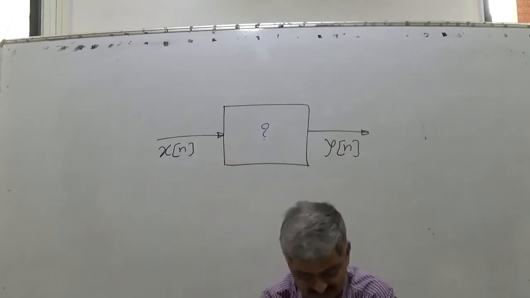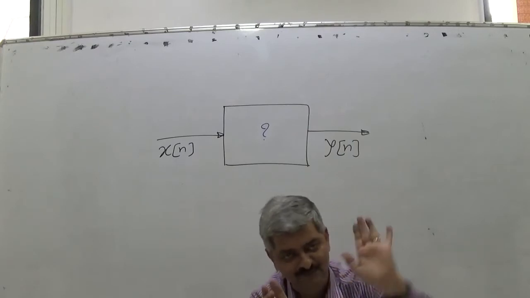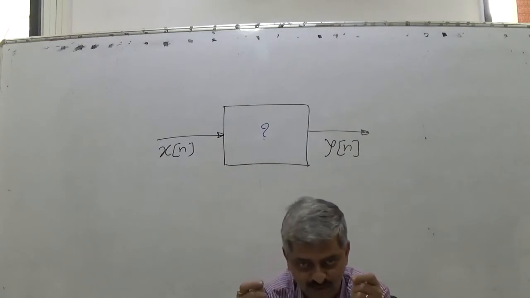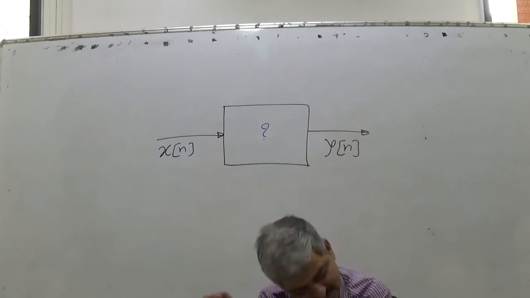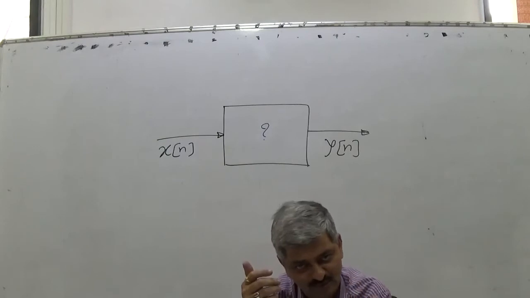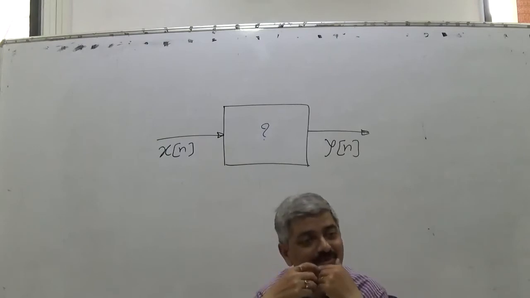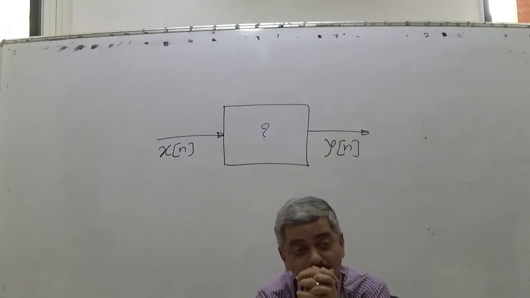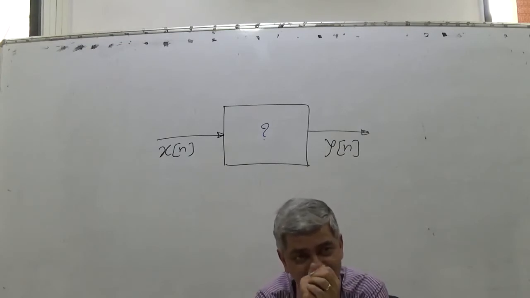Say each 1 millisecond a sample will come in, and after 1 millisecond a sample will be at the output. So x0, x1, x2, x3 till infinity, and y0, y1, y2, y3 till infinity. Then what should be the relationship?